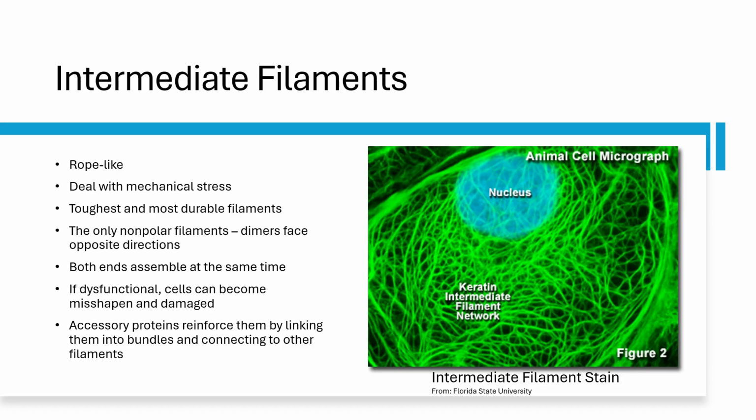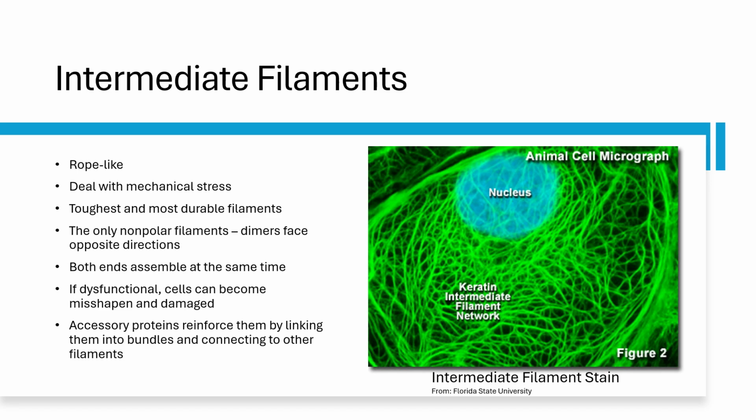All right, intermediate filaments. These are usually described as rope-like. They are responsible for dealing with the mechanical stress placed on cells and are the toughest and most durable filaments. They're the only non-polar filaments, and they have dimers facing in opposite directions.